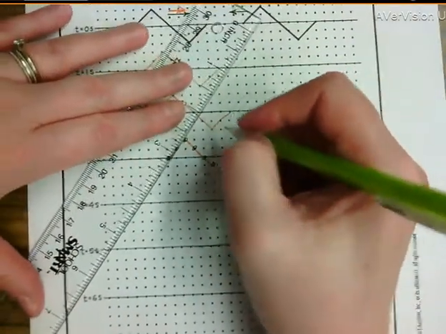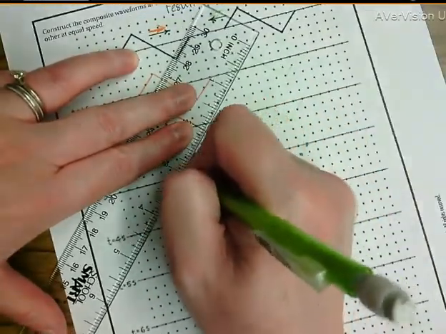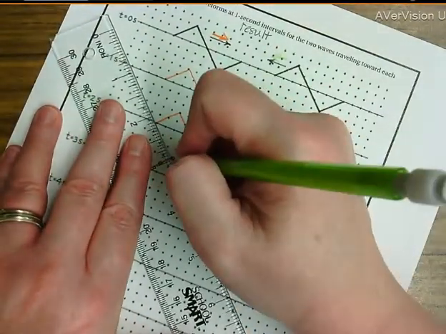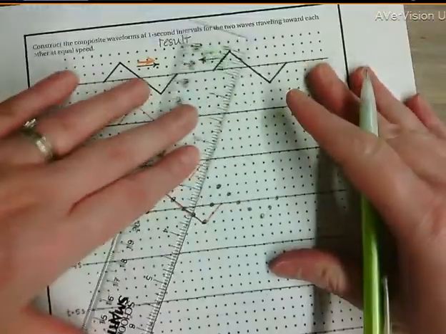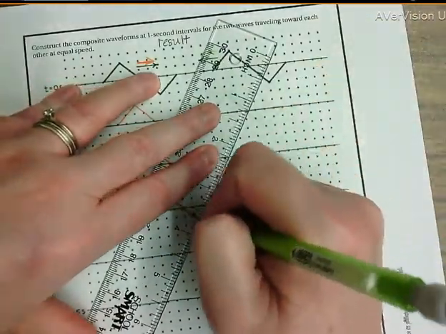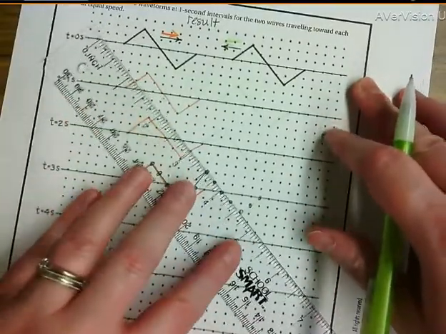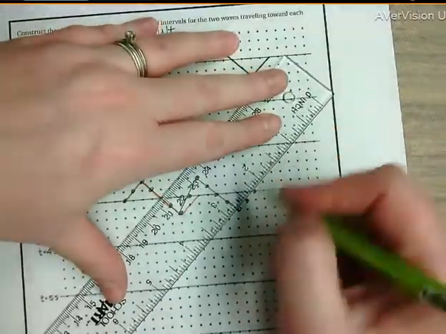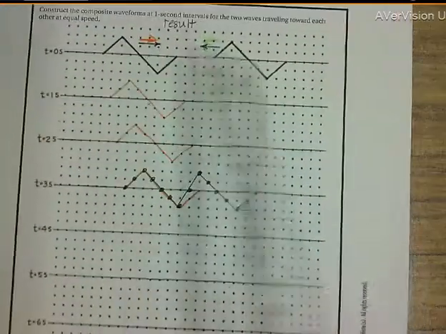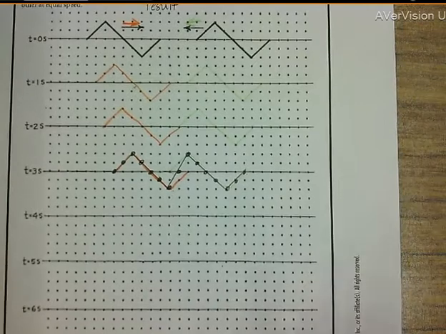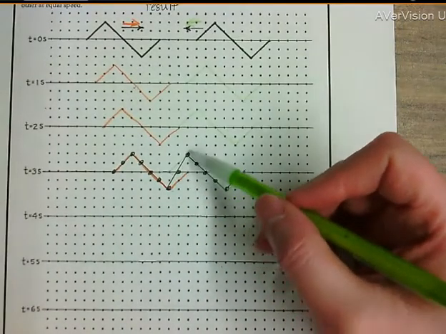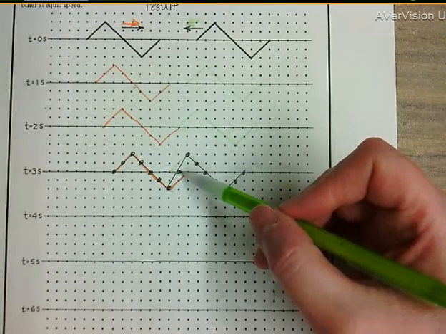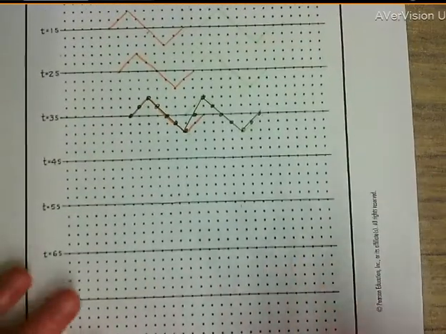So my interference pattern is going to look like this. Okay, so the only spots I have anything happening are right here. And basically they canceled each other out mostly. Okay, mostly destructive interference at this point.